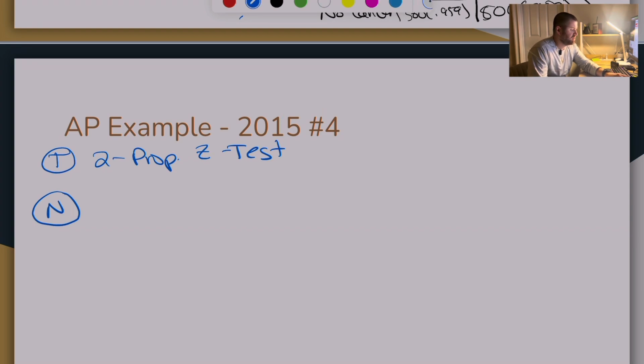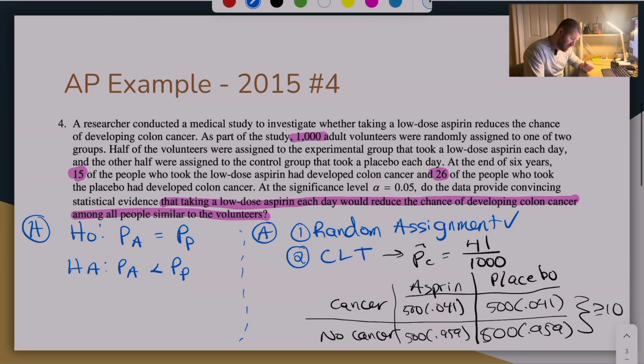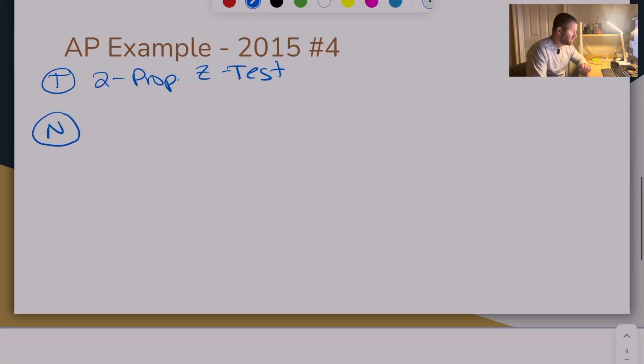And then we'll see what we get here. Now, again, in this one, they gave us a significance level, so that's going to be important: a significance level of 0.05.